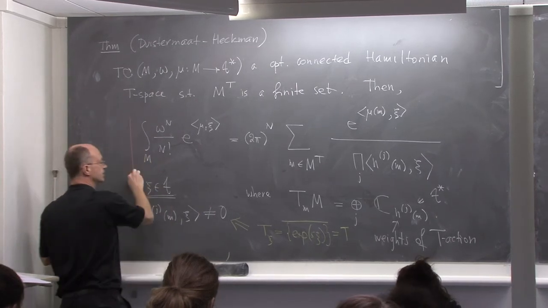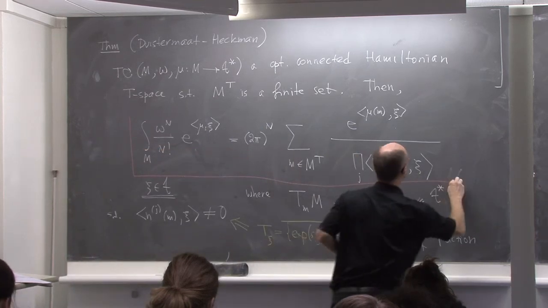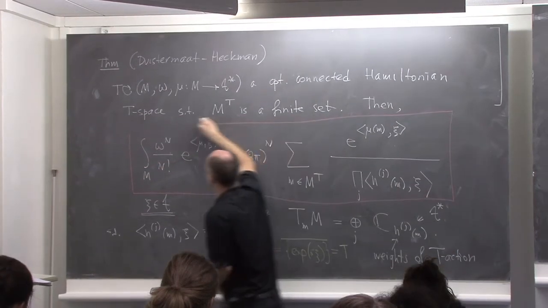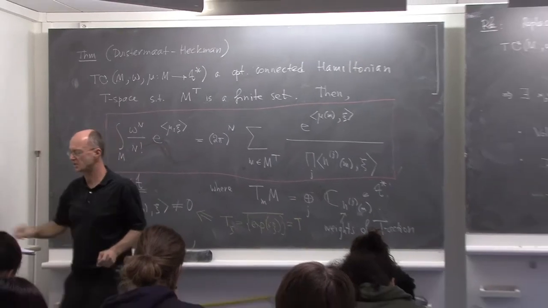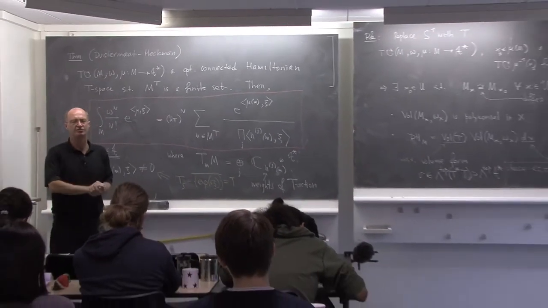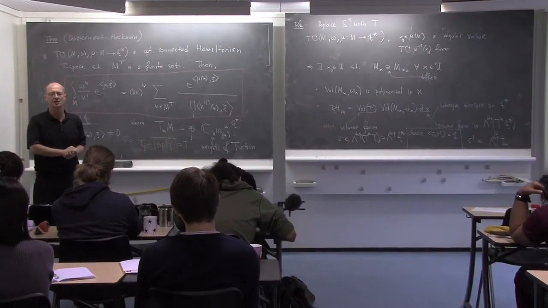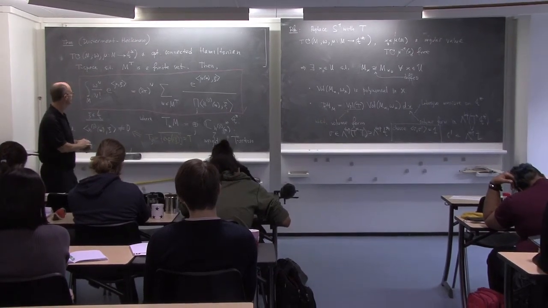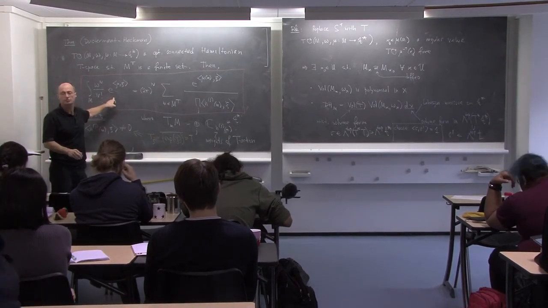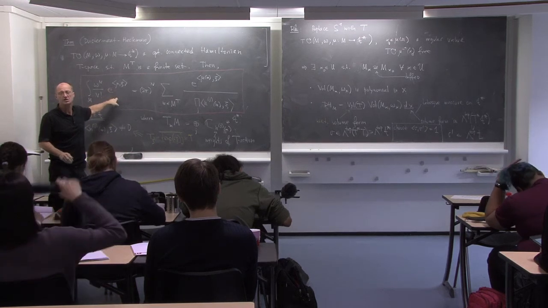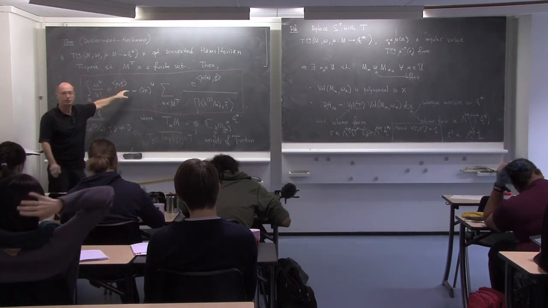So that's a very, very interesting formula. And I suggest let's have a 10 minutes break, and after that we continue. But we're not going to prove this theorem today. But we're going to discuss examples, and we're going to see how it works.